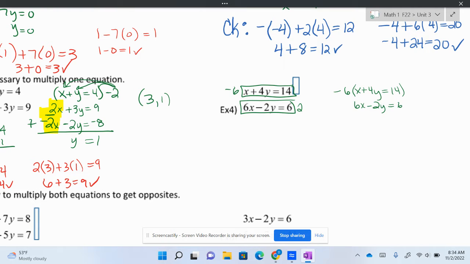So this is me just rewriting my equation. -6 times x is -6x. -6 times 4y is -24y. And -6 times 14 is -84.